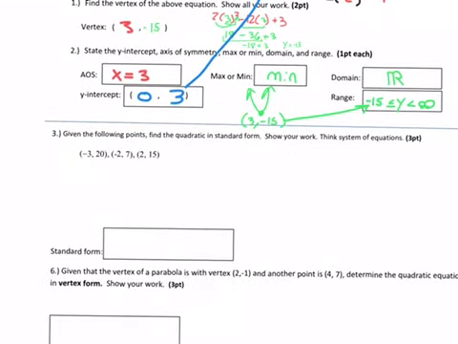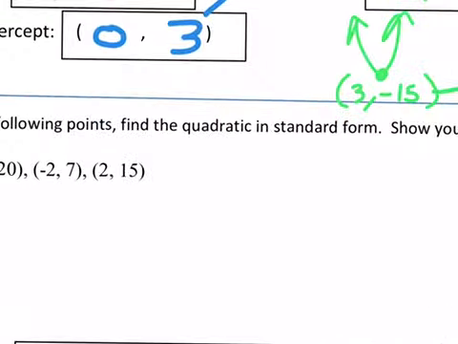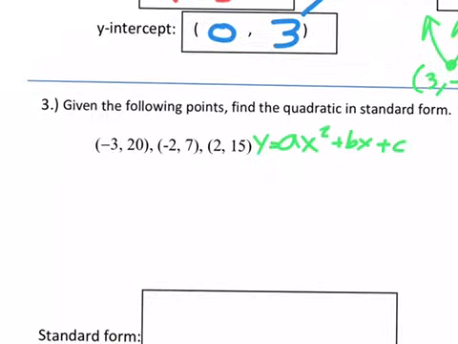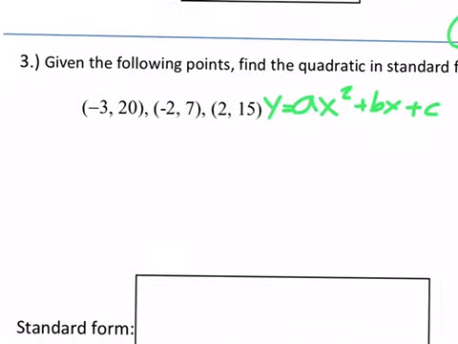Alright, so for this one, given the quadratic in standard form, they're giving us 3 coordinate points. So this is where we're going to take our standard form, and I'm going to plug in my x and y coordinates for all 3 of these to find the coefficients for a, b, and c.